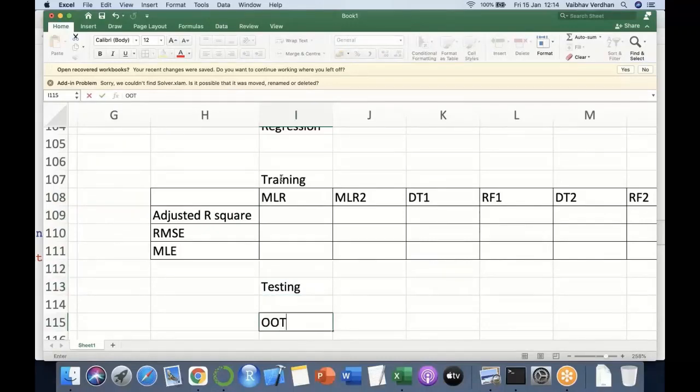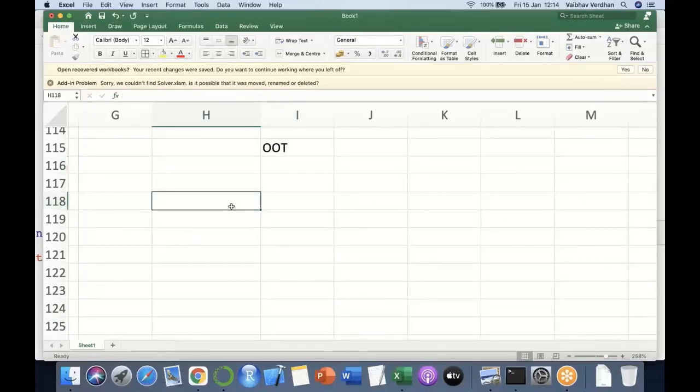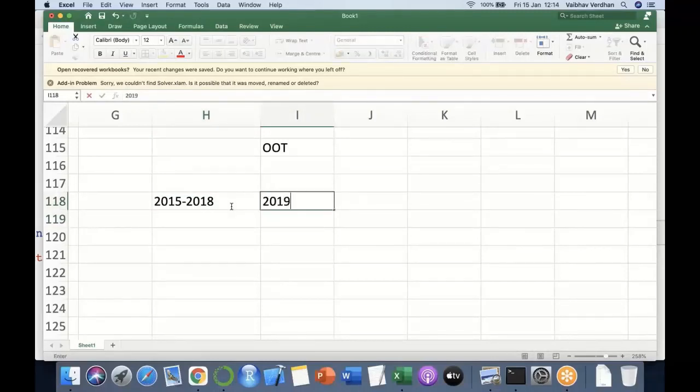What is an out of time data set? Let's say you built your model using the 2015 to 2018 data set. Then you choose 2019 as out of time. That means this data set of 2019 is not a part of your original data set.